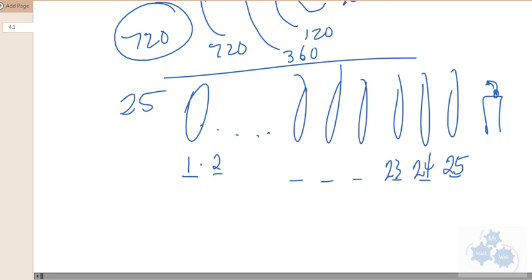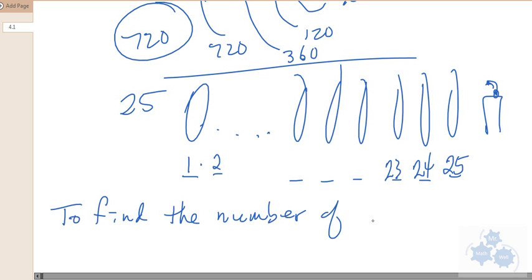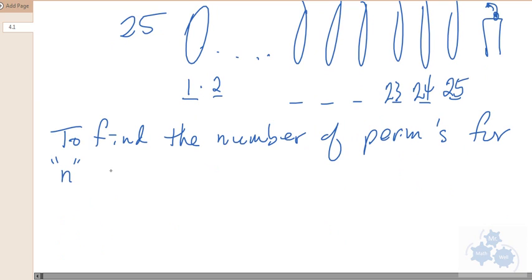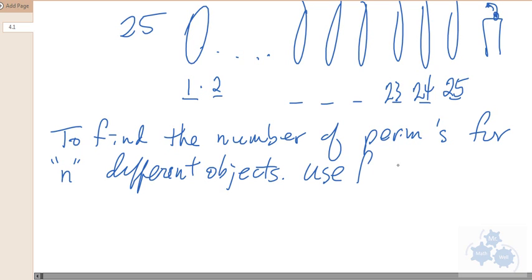Okay? So, you want to write this down, please? To find the number of permutations for n, and we're just going to give it a number n, and they use n in the textbook, so instead of x, I'm going to use n, of n different objects, use fundamental counting principle.